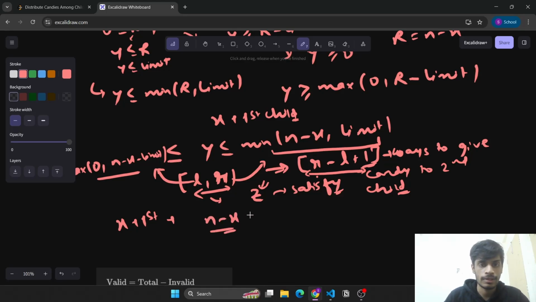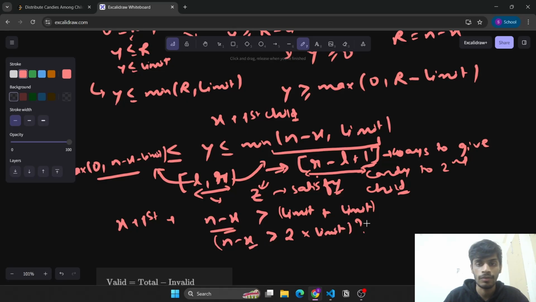But what if this n minus x is greater than the maximum candy we can give to the second child, which is limit, plus the maximum candies we can give to the third child, which is limit as well? So what if this n minus x is greater than 2 into limit? Then in this case there does not exist any way where we give x candies to the first child and there exists a valid distribution. So hence we can skip the iteration in this case.